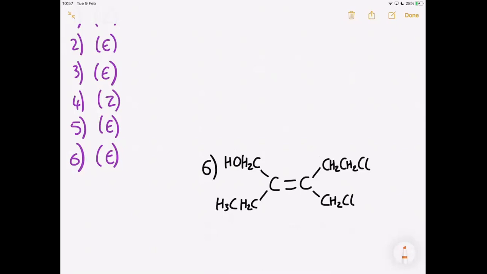So let's look at the left-hand side. On the left-hand side, we've got that carbon versus that carbon. And again, it helps a little bit if you expand the structure. That first carbon, what we're looking at is that.